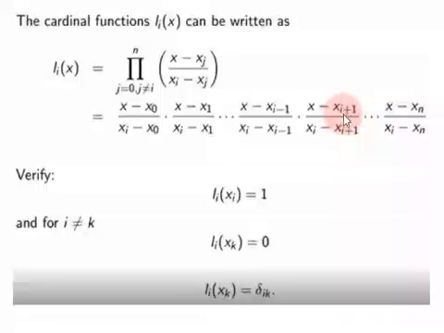Then we start from i plus 1, the term when j is equal to i plus 1, and go up to j equal to n. I hope you understand this product. How many terms are there? j runs from 0 to n, so that means we have n plus 1 terms, but we don't consider the case j equals i.